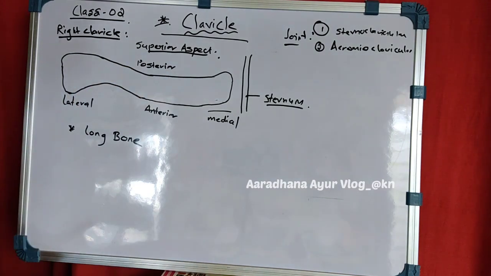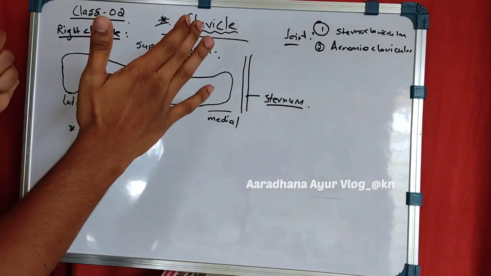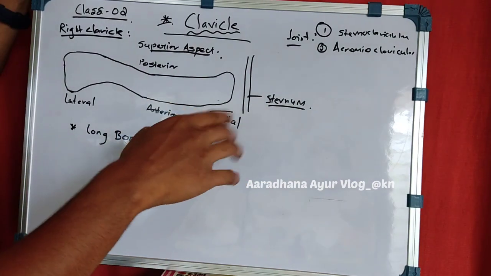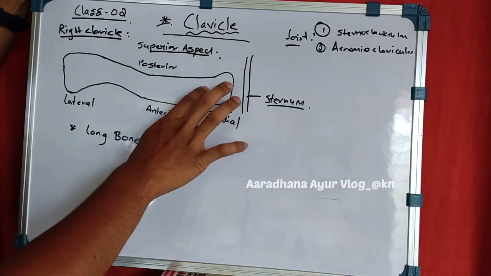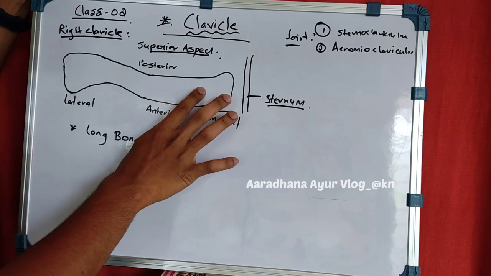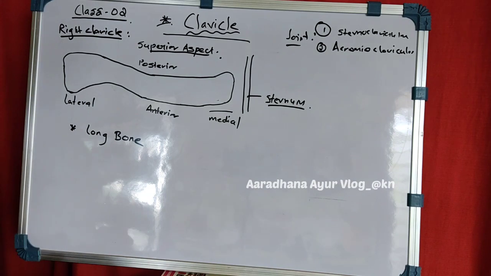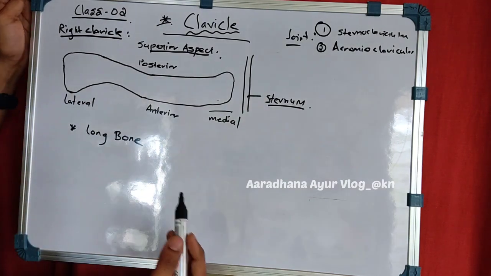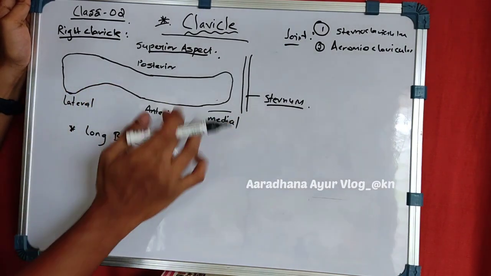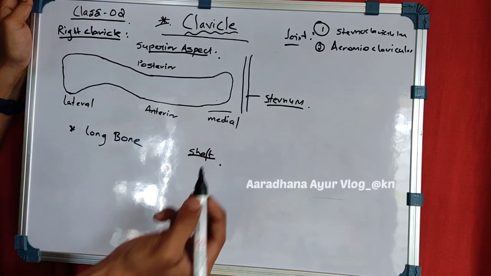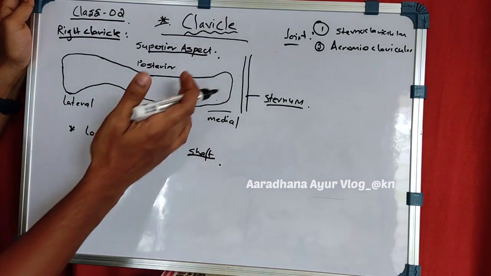This clavicle is a long bone that supports our shoulder so that our arm can swing freely, away from the trunk. Here three parts are there. This part is called the shaft, and two ends are there.